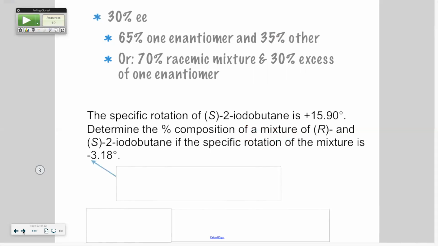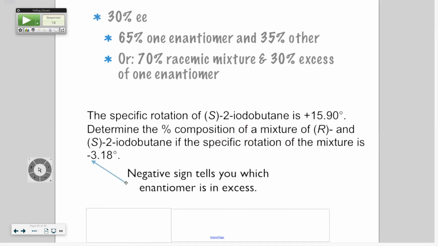Determine the percent composition of a mixture of R and S 2-iodobutane if the specific rotation of the mixture is minus 3.18 degrees. We did math today, but they like to put problems like this on those tests.